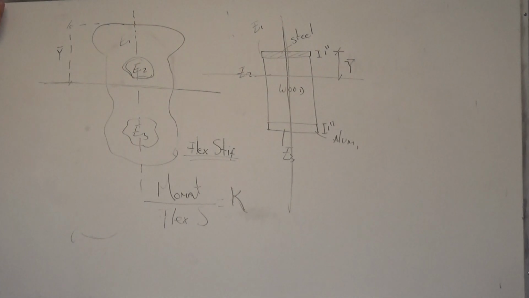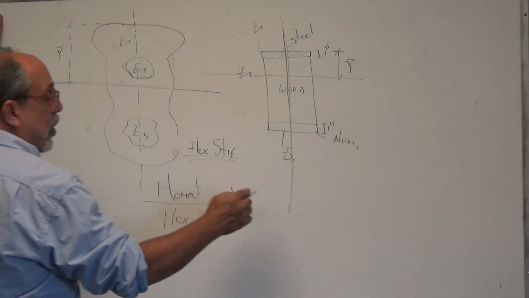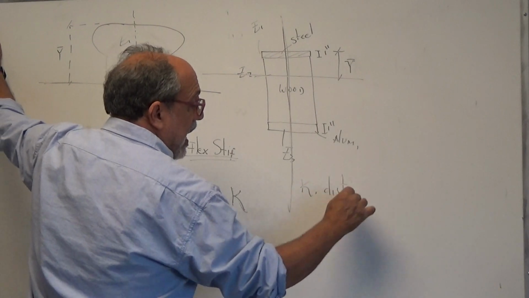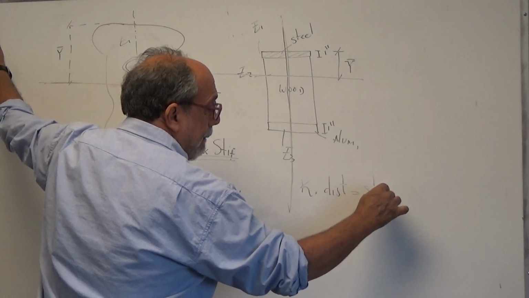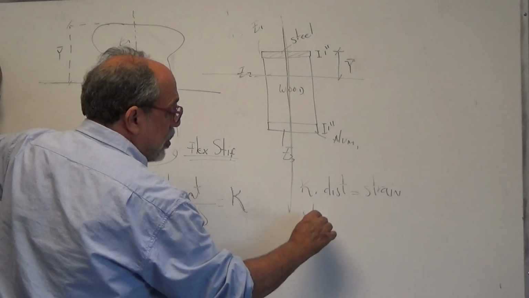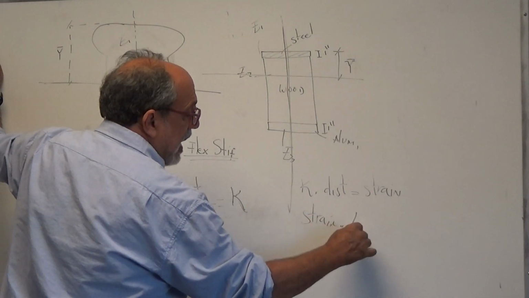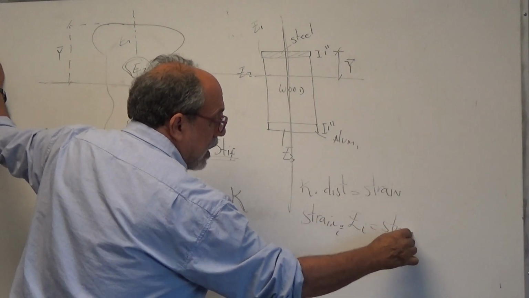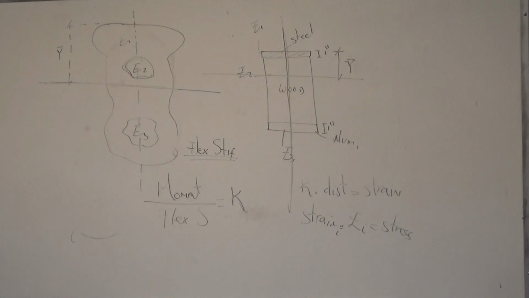And once you know the curvature, you multiply the curvature times your distance to whatever you're interested in, and that's your strain. And once you have your strain, you multiply times the modulus of elasticity at the point of interest, and you have your stress. And that's it, okay?